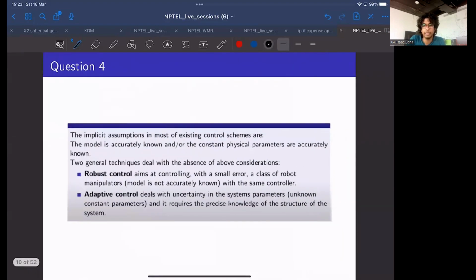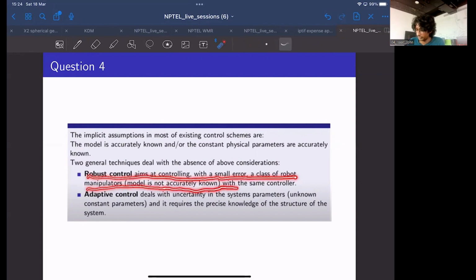It gives the definition of robust controllers. In the lectures, sir has also given some examples of robust control.